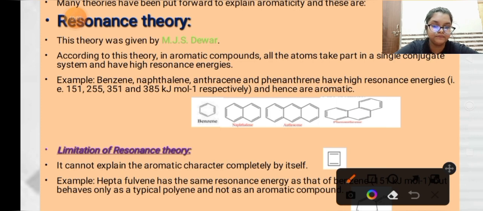Here in benzene, you can see that double, single, double, single, double, single bonds are present alternatively. Here, after this bond, we are going to represent this double bond, not this single bond, because we are saying a single conjugate system.